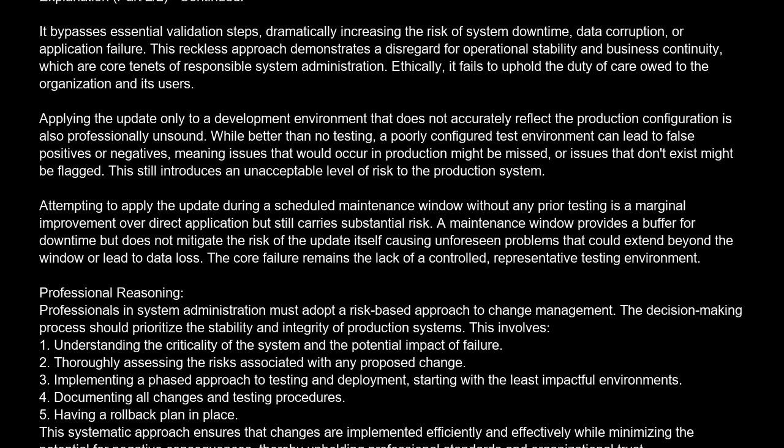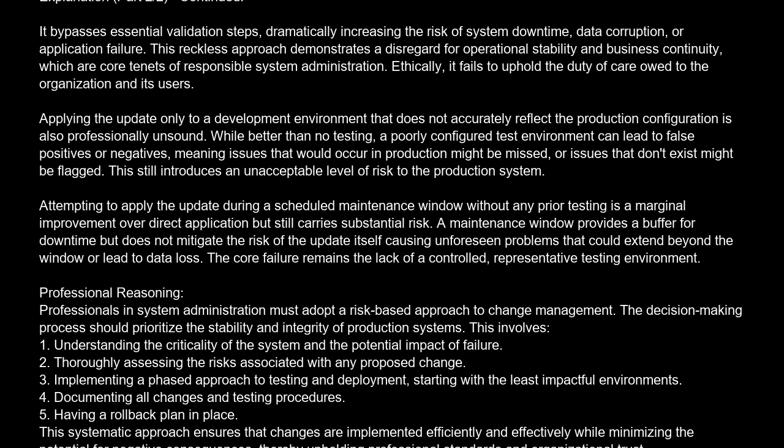Professional reasoning. Professionals in system administration must adopt a risk-based approach to change management. The decision-making process should prioritize the stability and integrity of production systems. This involves: 1. Understanding the criticality of the system and the potential impact of failure. 2. Thoroughly assessing the risks associated with any proposed change. 3.